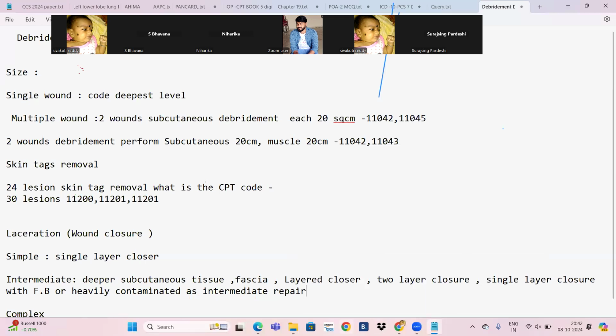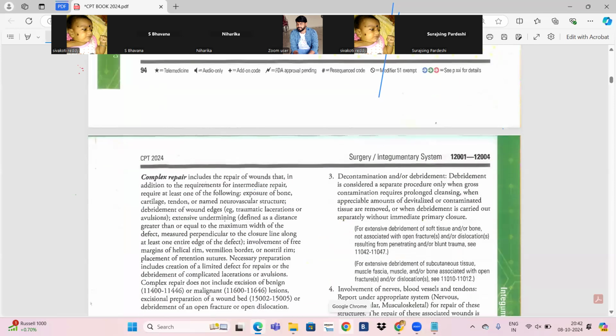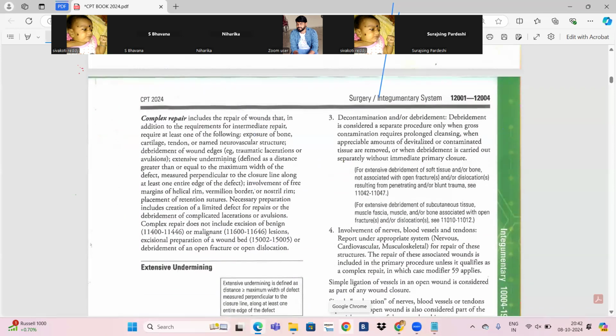So complex repair means there must be exposure of bone, cartilage, or tendon. Any one of the following: exposure of bone, cartilage, or tendon, and debridement of wound edges.